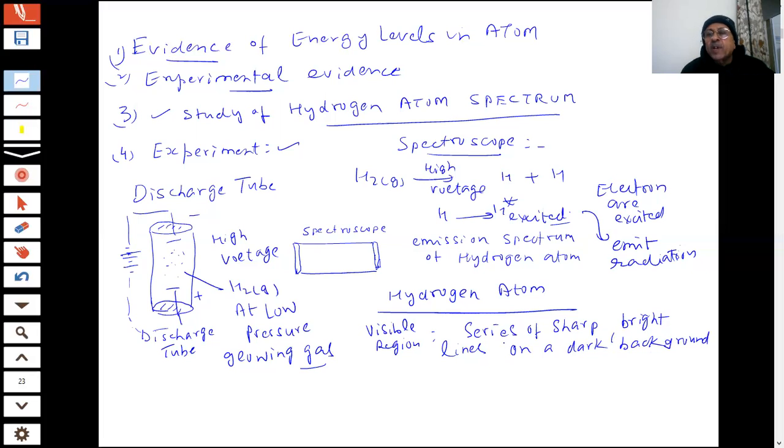So this was a very important point, that they got a series of lines. Certain lines were obtained, students. You can see certain lines are obtained in the case of hydrogen. The background is dark, and there is a series of lines, in increasing frequency.